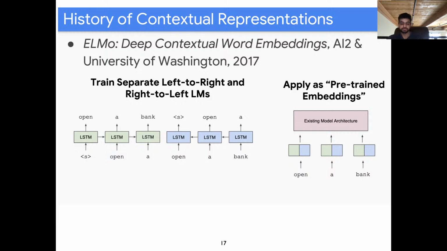But in ELMo, we take the hidden states from these models and use them as replacements for word embeddings. So we're applying them as essentially pre-trained embeddings, and this block here, existing model architecture, just represents all the parameters that we have to train from scratch using our downstream model.